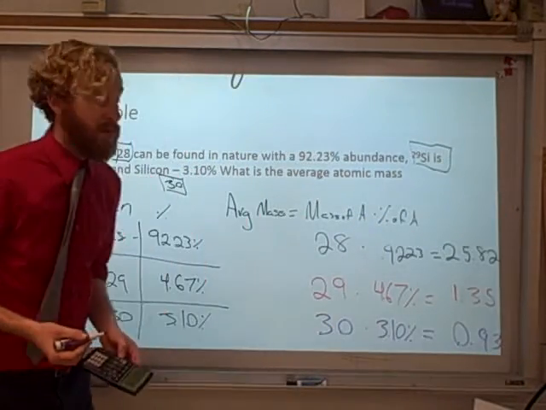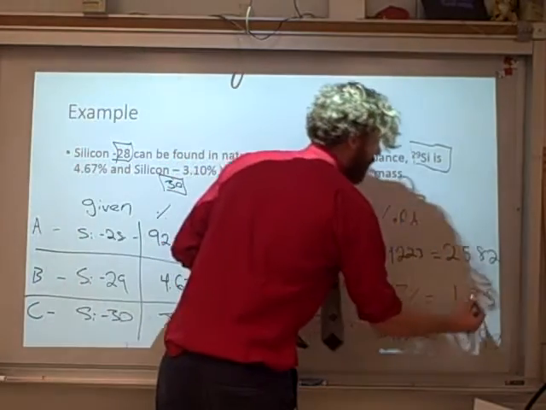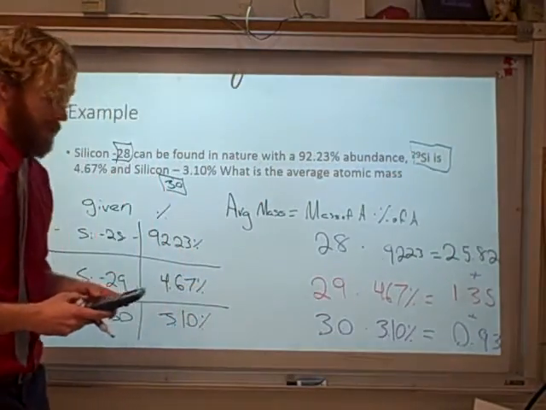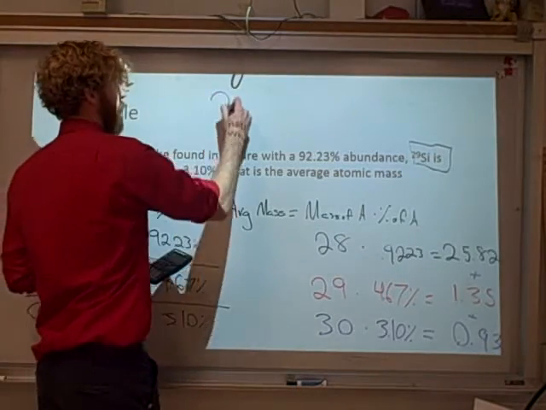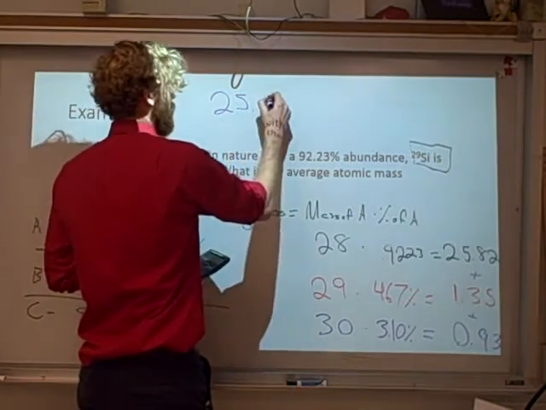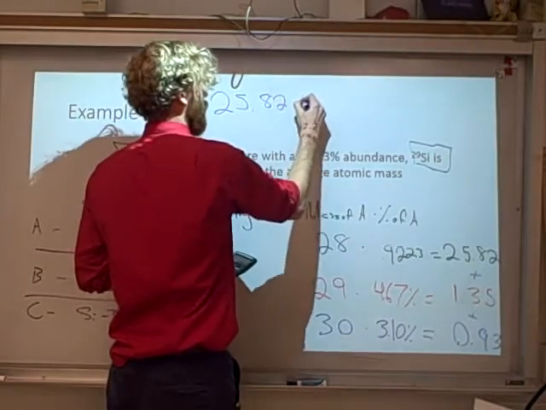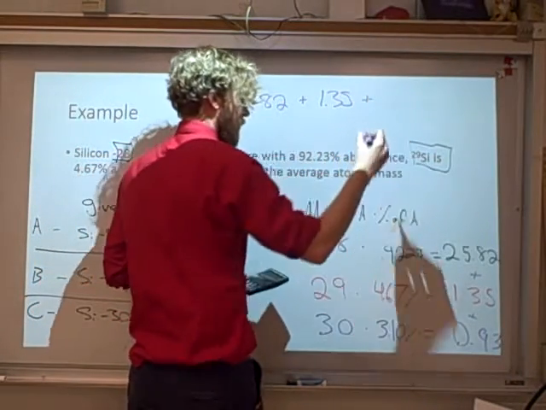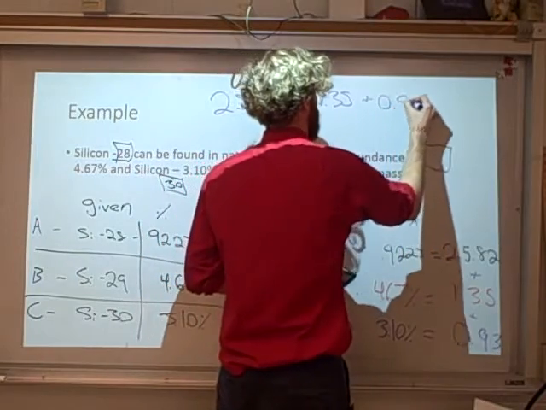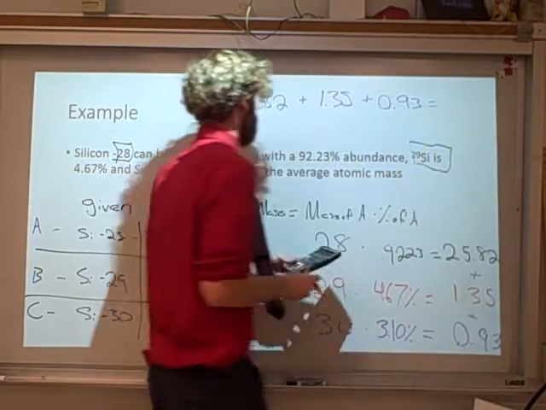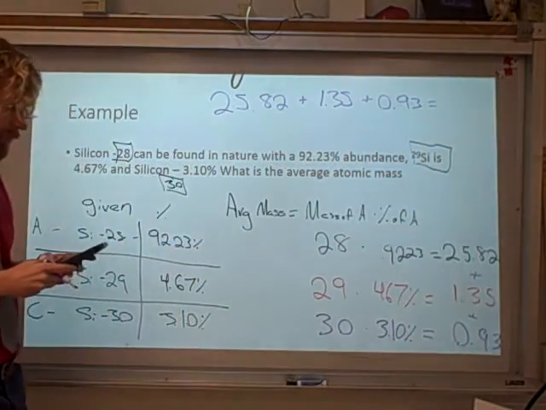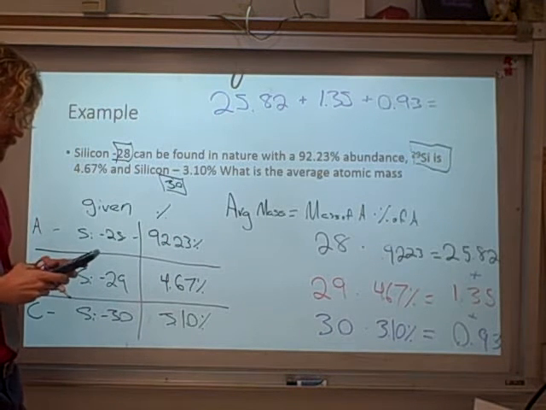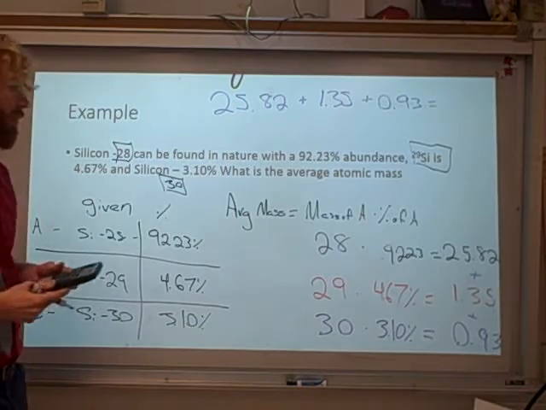Now, all we have to do is add the three of these up, and that gives us our total answer. So we'll do 25.82 plus 1.35 plus 0.93 equals, plug that into my calculator, and we get 28.1.